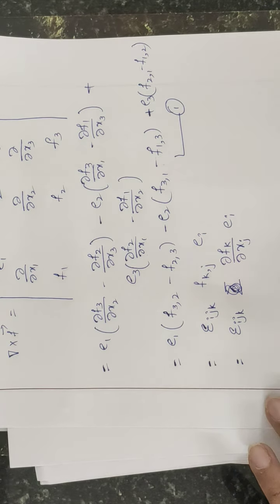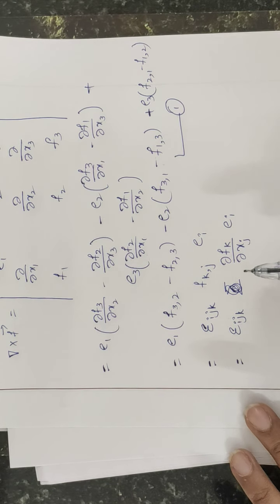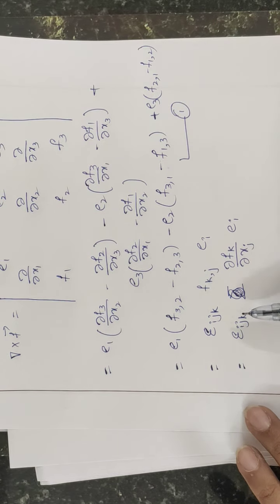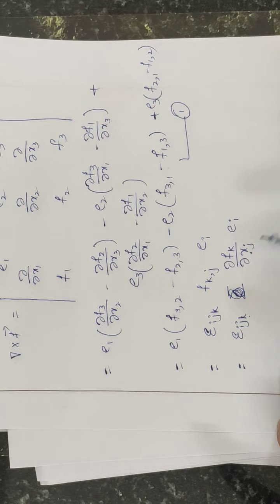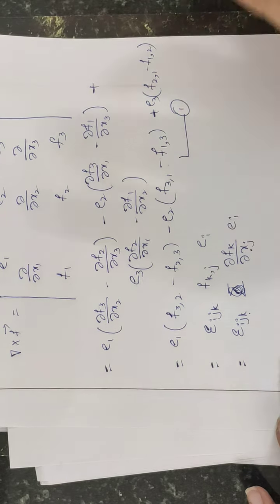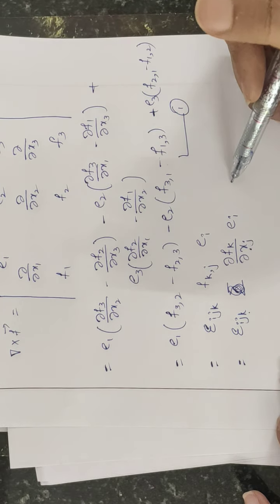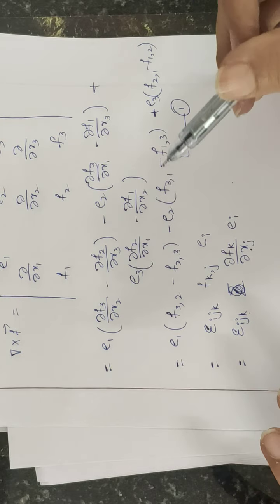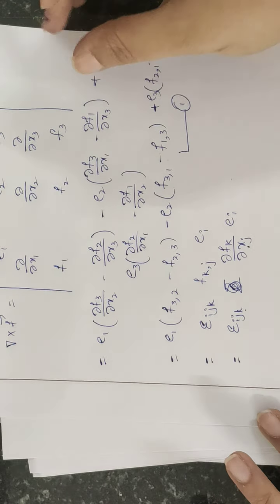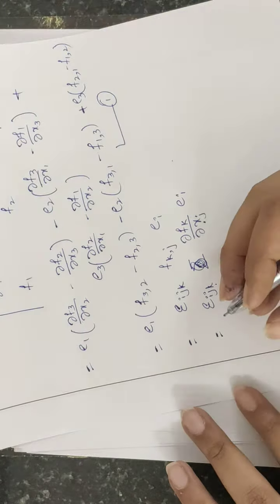So here we will give the values for our epsilons. If I give values to my i, j, k, I should get my equation 1. Then only I can say that this is the right form of writing curl of f. So let's verify that first.